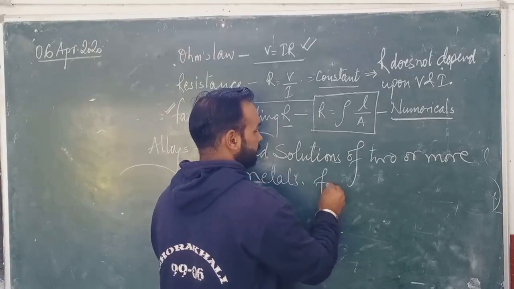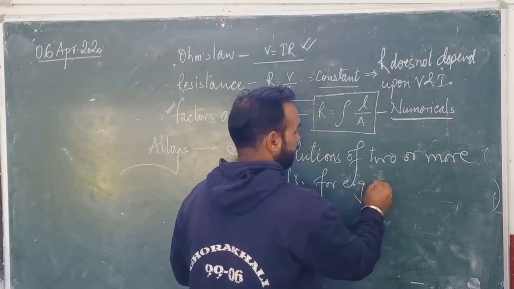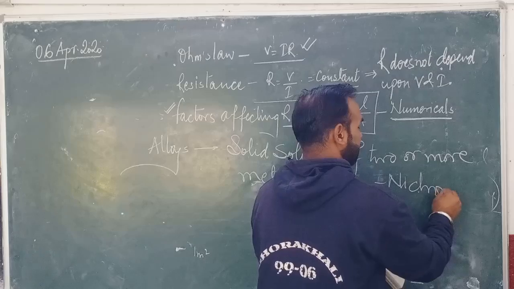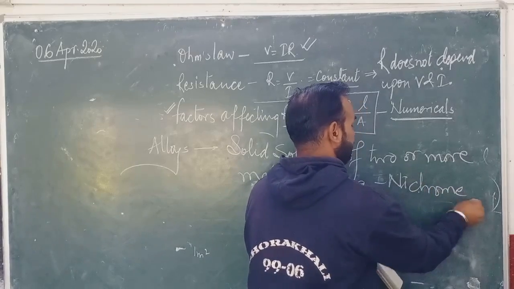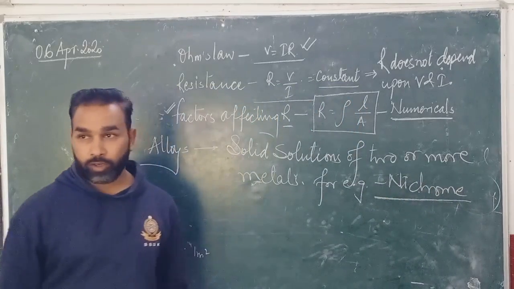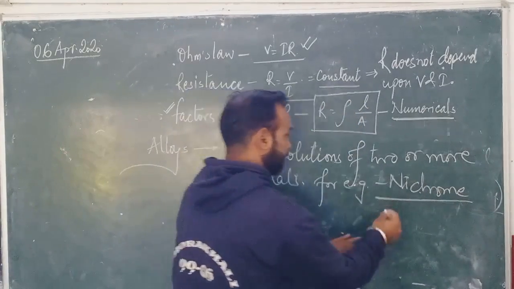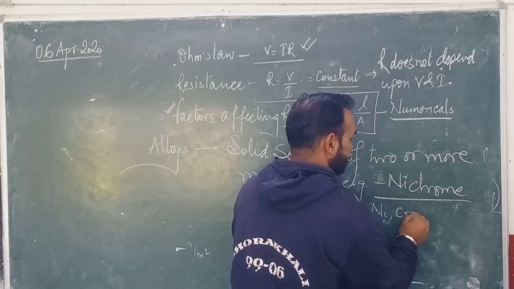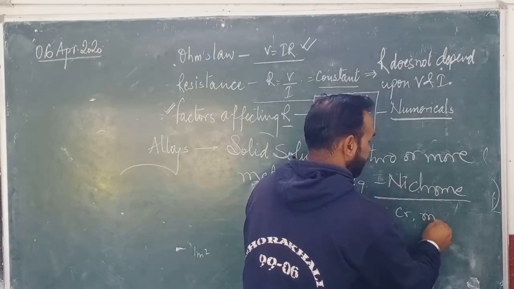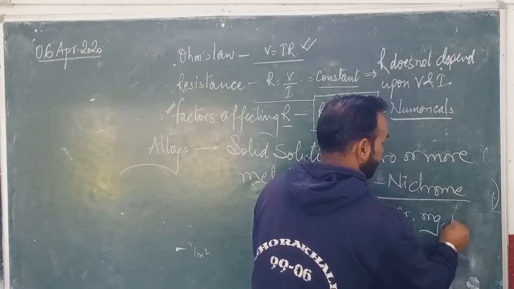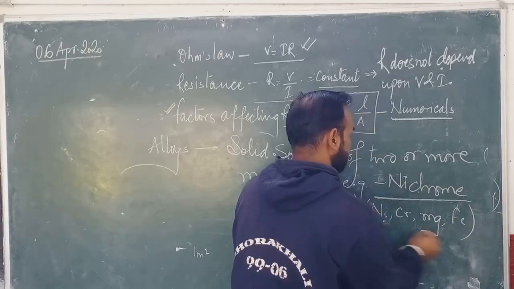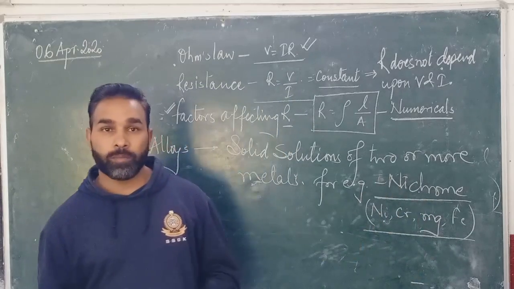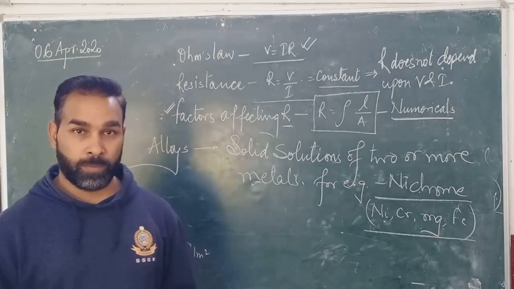For example, nichrome. Nichrome is a kind of alloy. It is made up of nickel, chromium, manganese and iron. These are the four different metals which combine together to form nichrome.